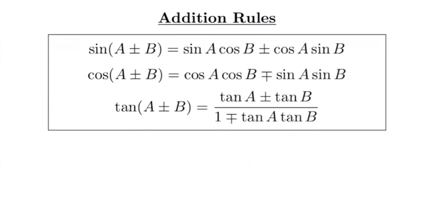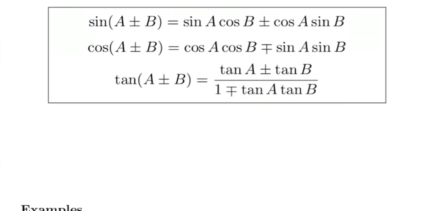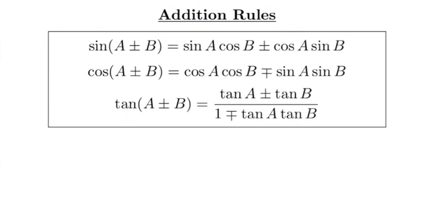So the addition rules, which are given to us in the formula book, and there are 6 rules here. What you do is you follow the signs. So I'll do some highlighting. If I wanted to expand sine of A plus B, that would give me sine A cos B plus cos A sine B. So I'm following the top line.